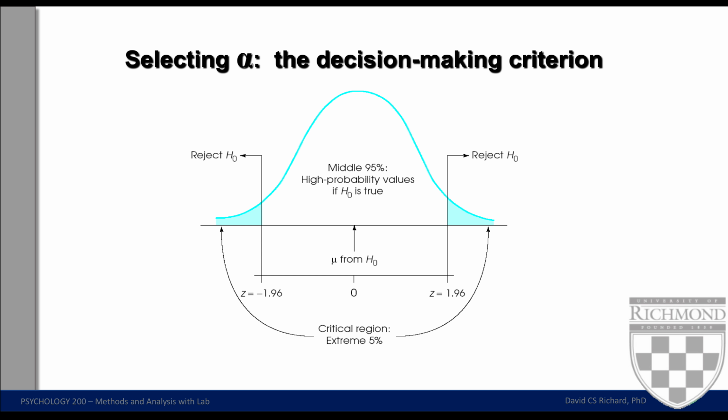And what they came up with, which is really kind of a custom, is that sample means that fall plus or minus 1.96 z's, standard deviations, from the population mean, fall into what we call the region of rejection. Okay, that's the shaded area here. Those are low probability sample means to occur. Okay, we're not likely to draw these by chance.